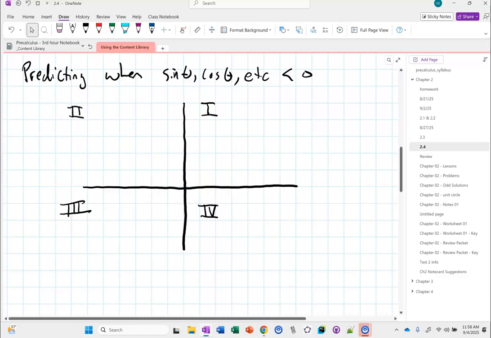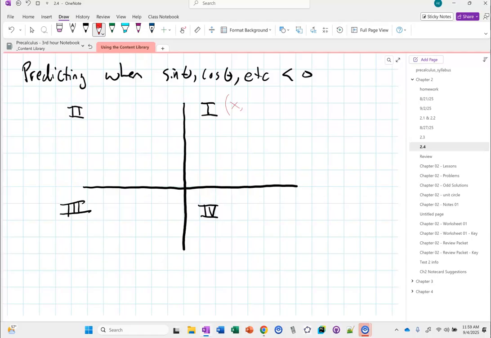So the next thing we want to do is predict where sine, cosine, and tangent are negative. That's a less than 0 there. So if I think about that, in quadrant 1, the x-coordinate's always positive, the y-coordinate's always positive, and the r is a distance, and distances are always positive, or a length, I should say.